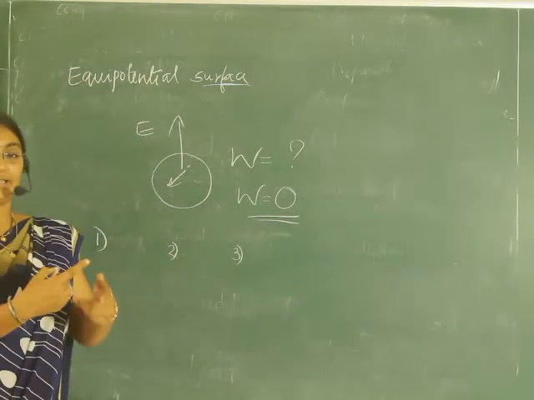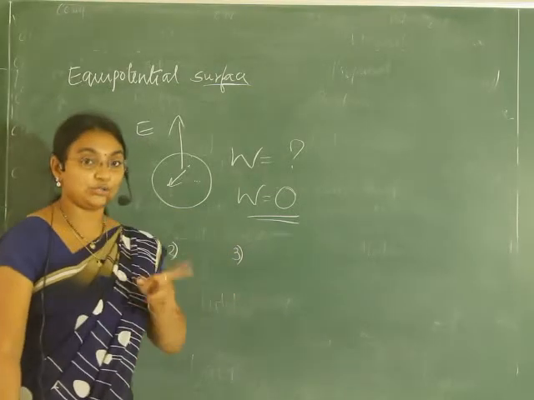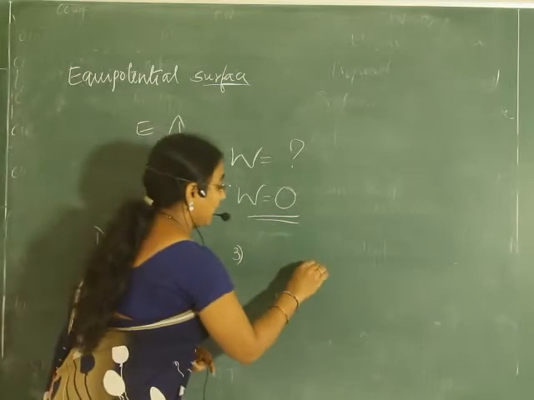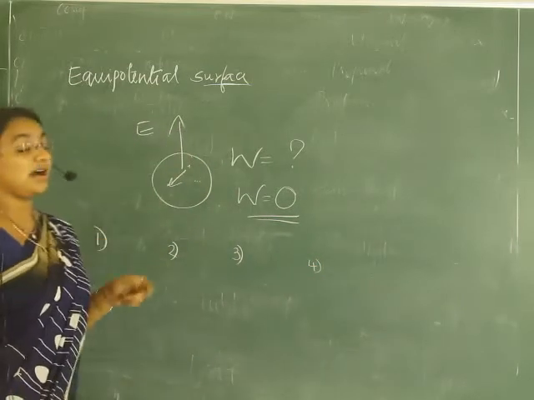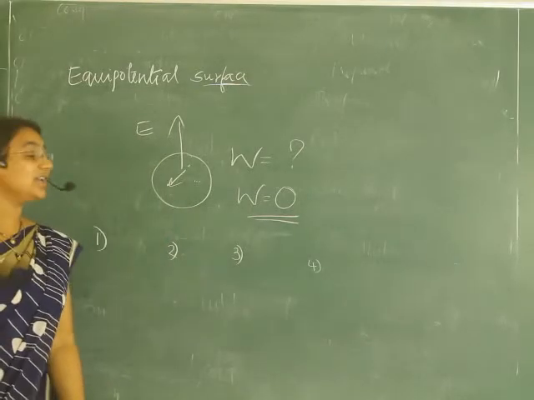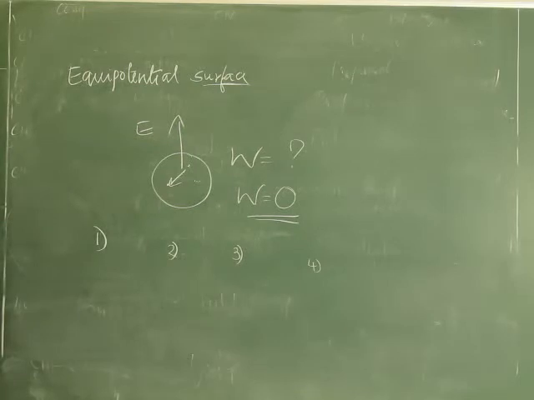If they cross, then the direction changes, so it is not possible. Fourth one, electric field lines are always drawn normal to the equipotential surface. So these are the few properties of the equipotential surface, important for 2 marks.